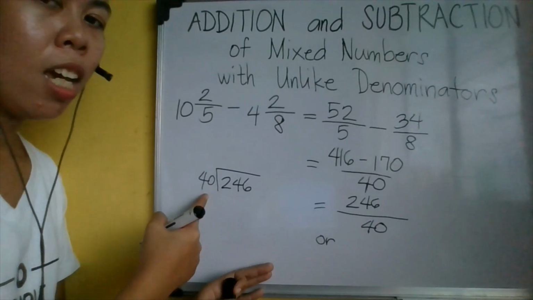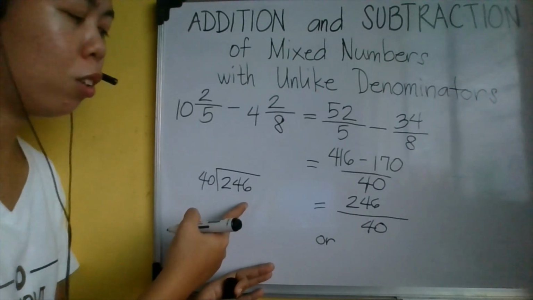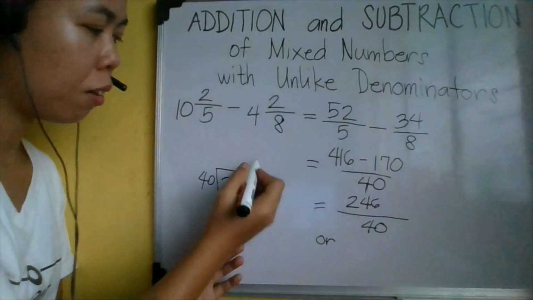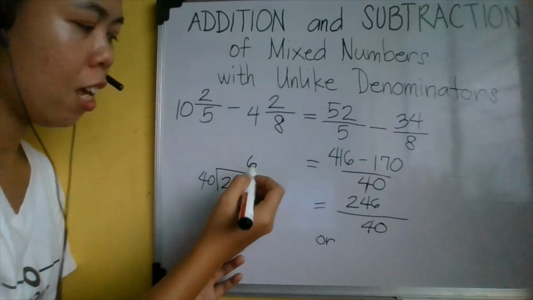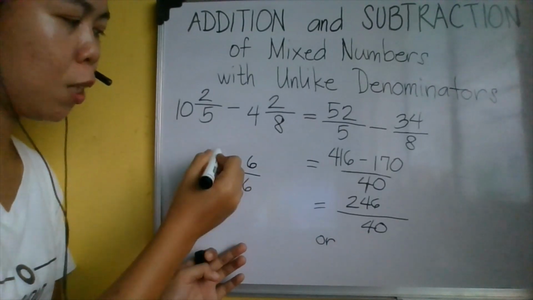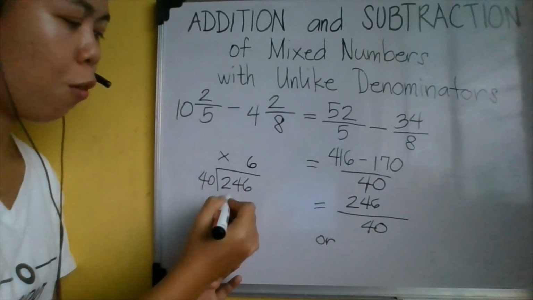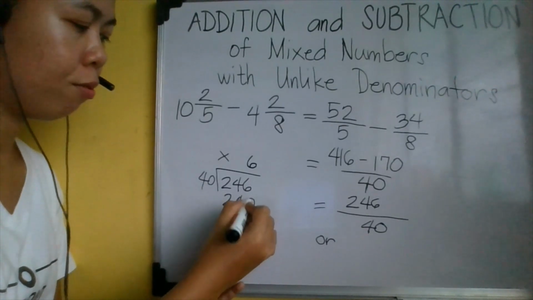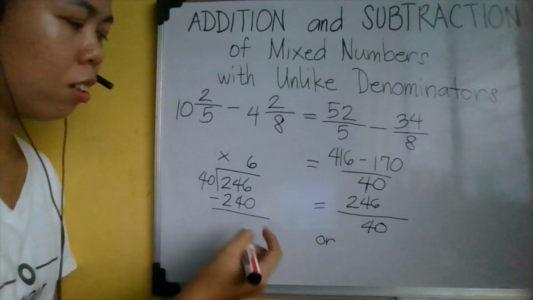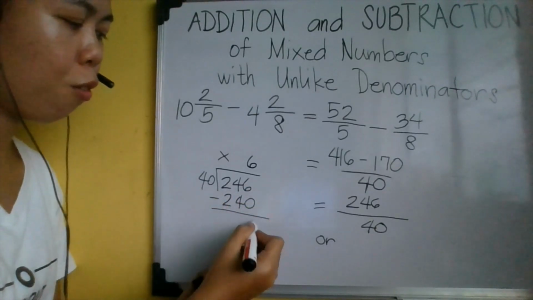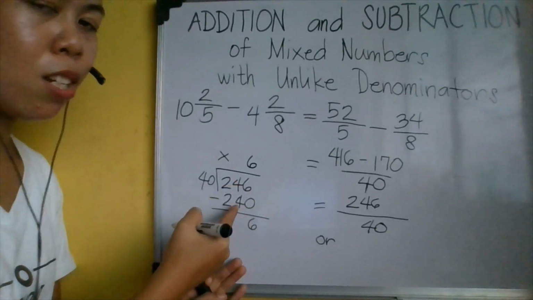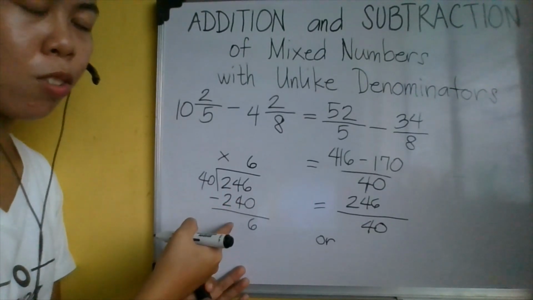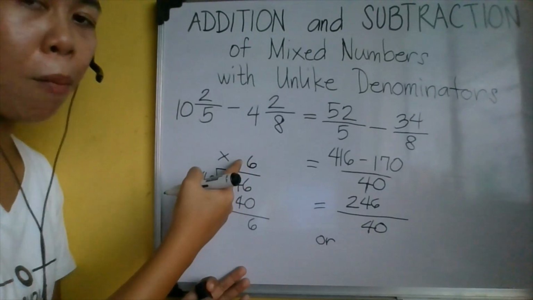Ilang 40 ang meron sa 246? So merong 6 na 40 ang 246. So multiply 6 times 40, we have 240. Then subtract: 6 minus 0, we have 6. 4 minus 0, 4 minus 4, 0. 2 minus 2, 0. So therefore, yung ating whole number ay 6.